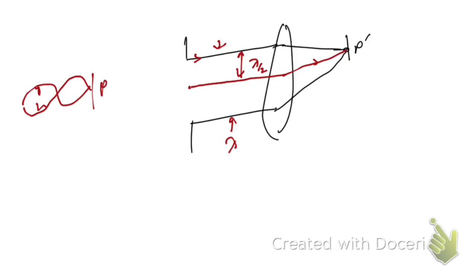Then we're gonna get a dark fringe at P dash. So if you have taken here 3 lambda by 2, suppose, then these two will be out of phase. These two will be out of phase like this, right?